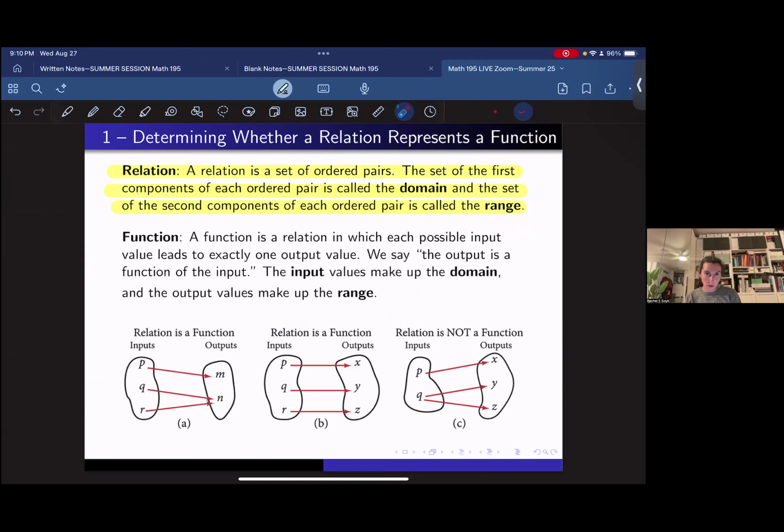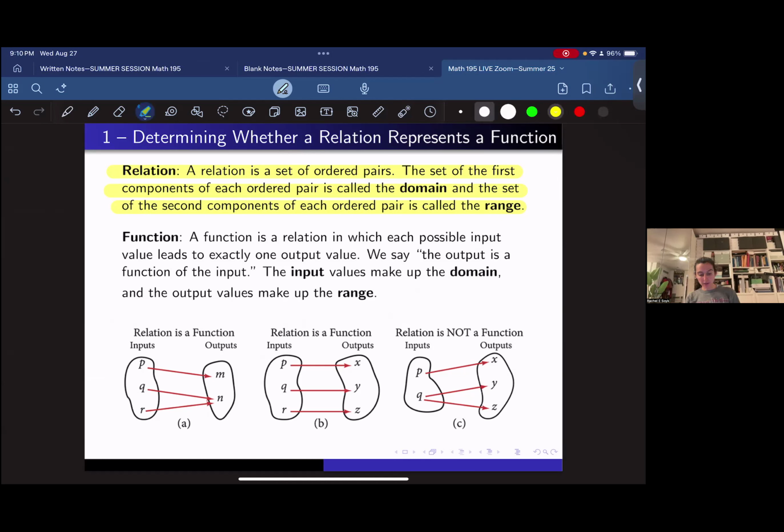Just in short, domain is essentially all the possible inputs that the function can take in, aka all of your possible x values, whereas your range are all of your possible outputs, all of your possible y values that your function will spit out.